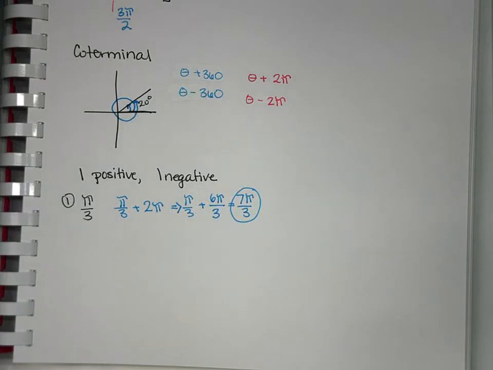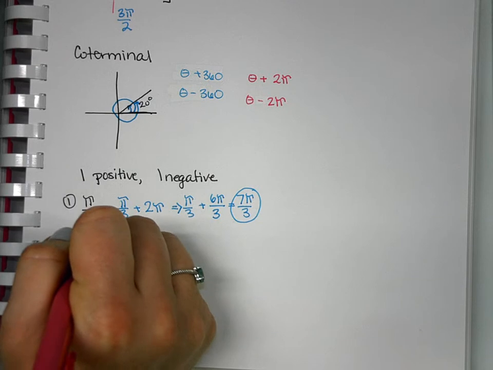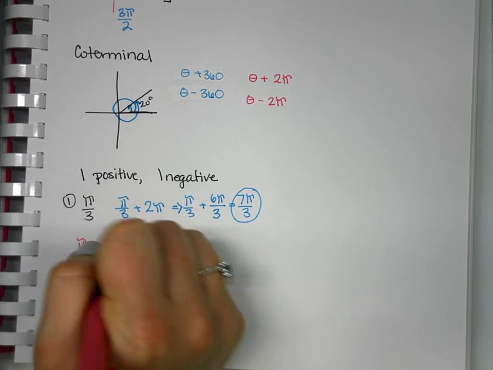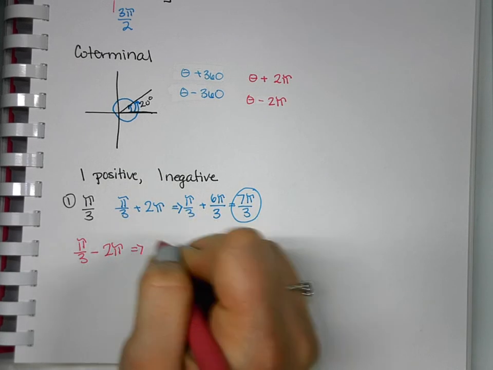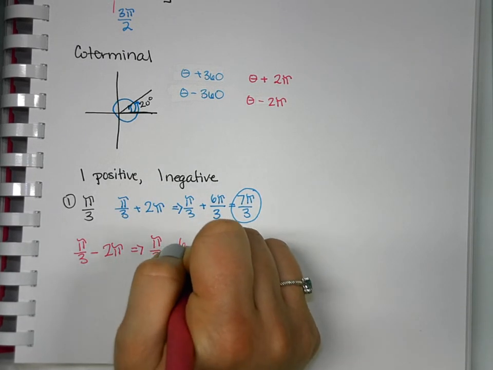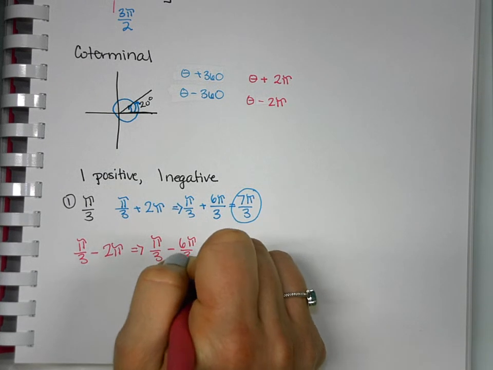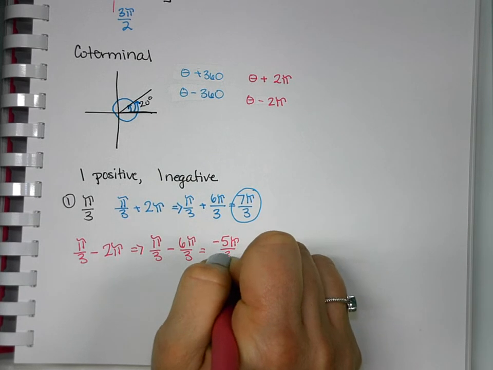Now for my negative, I would take that same pi over 3, but now subtract 2 pi. So again, common denominator, minus 6 pi over 3, negative 5 pi over 3 would be my negative coterminal angle.